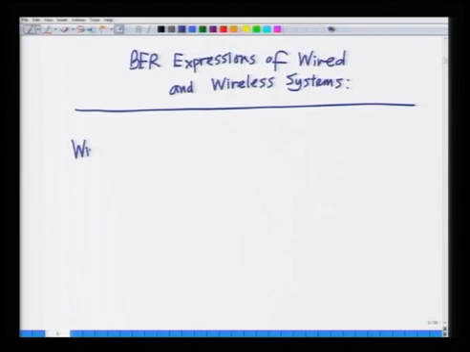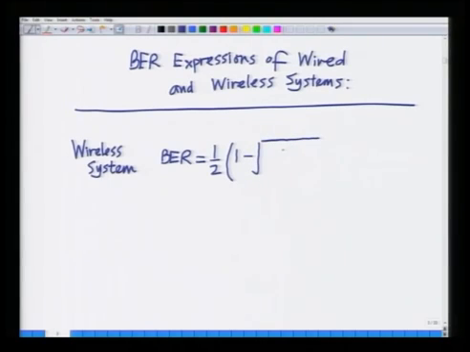In a wireless system, we said the bit error rate equals half times 1 minus SNR over 2 plus SNR, which is approximately equal to 1 over twice of SNR.